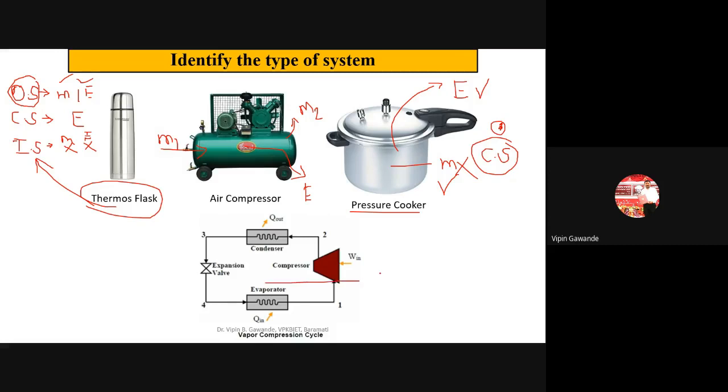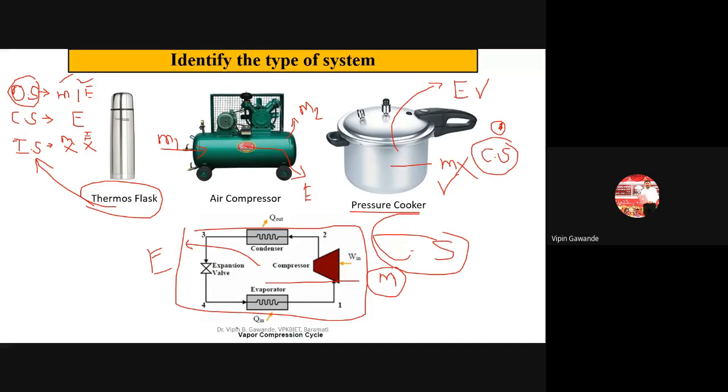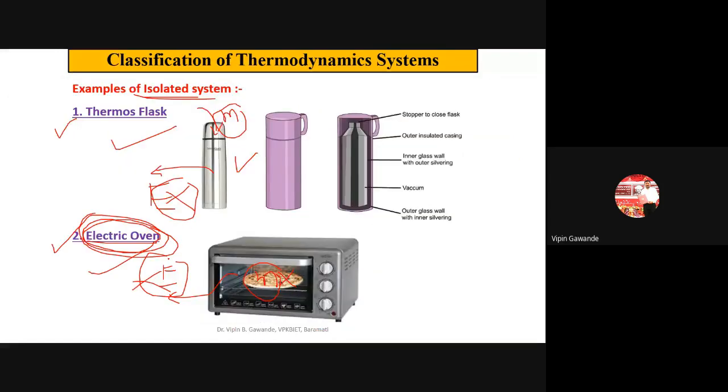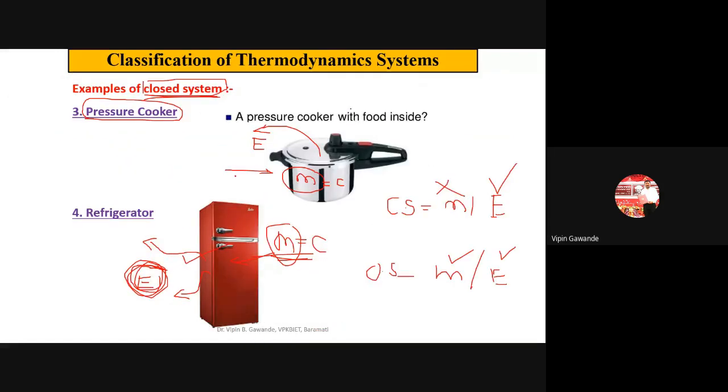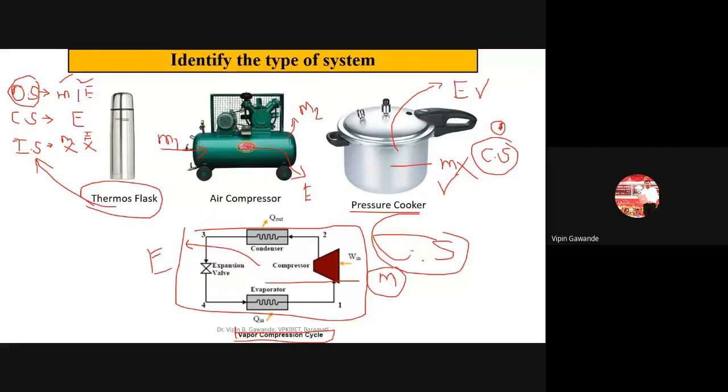In this refrigerator, again the mass remains constant, but there is exchange of energy. So this is your closed system. This diagram is for your refrigerator. We call this a vapor compression cycle. Your refrigerator works on the vapor compression cycle. So the refrigerator is an example of a closed system, because there is exchange of only energy and not the mass.